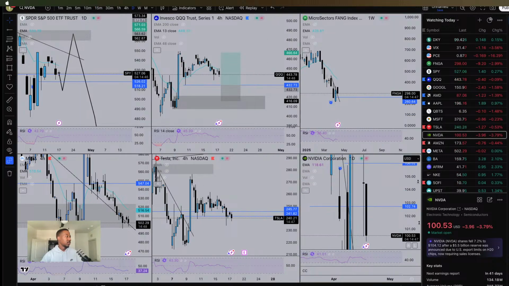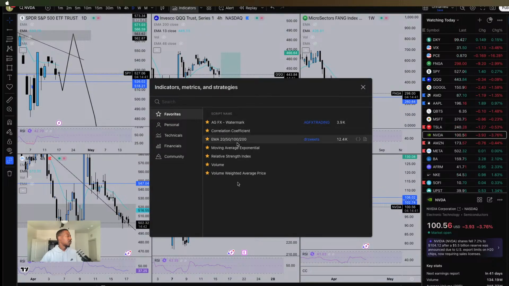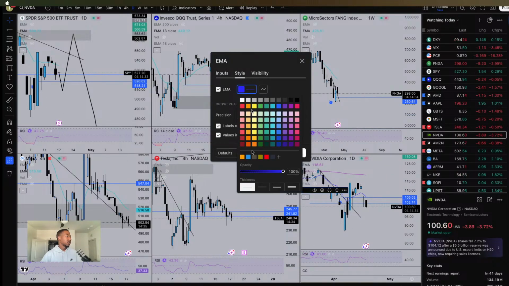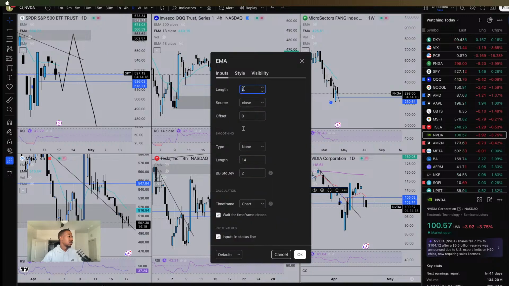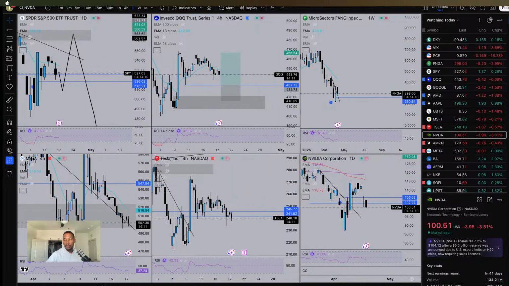Let's turn on the 200. And then I gotta add one more EMA. Let's just go red. And then it needs to be, what is it, 50? Yeah, so they got a death cross too. Yep.